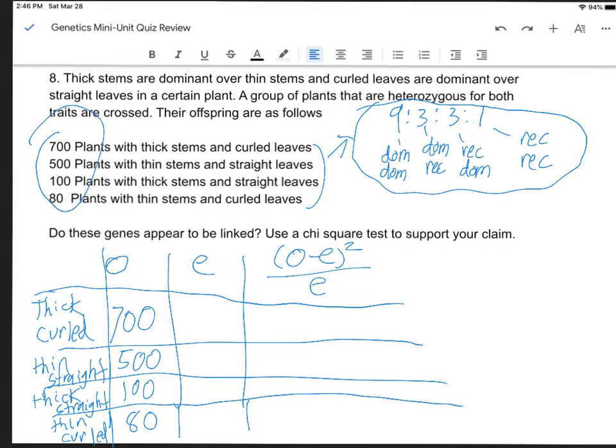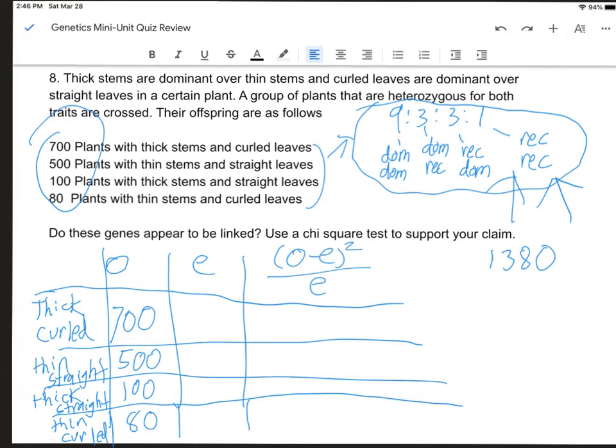Now for the expected, I expect this ratio up here to have held true for my plants. So my total number of plants, it looks like, is 1,380. So out of that 1,380, I expect that 9 out of 16 would have both dominant traits, 3 out of 16 each would have the mix, and then 1 out of 16 would have both recessive traits.